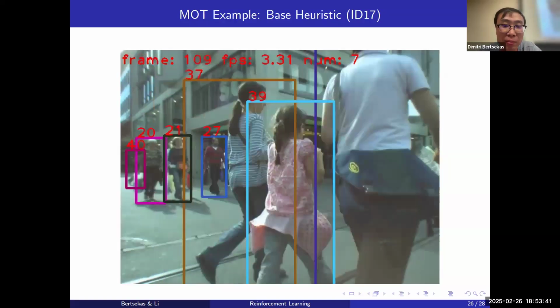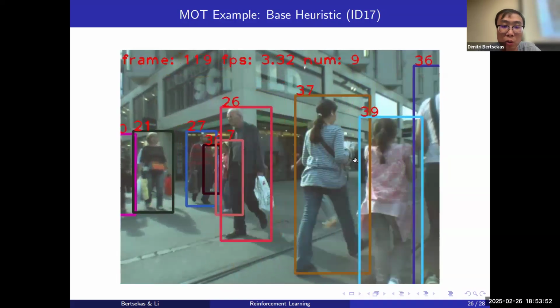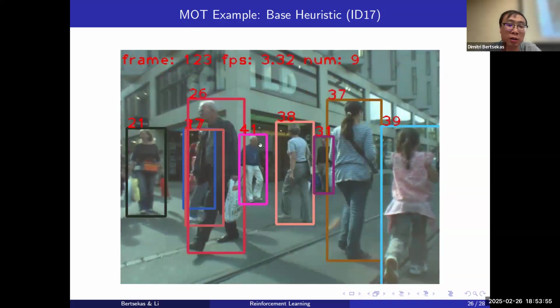Now he moves over time, and at this point, he is occluded by those people. And when he reemerges, he becomes 41, because this particular base heuristic only considers the next frame and only considers similarity of the next frame. Given that this gentleman is lost in the middle frame, when he reemerges, he's assigned as a new person.